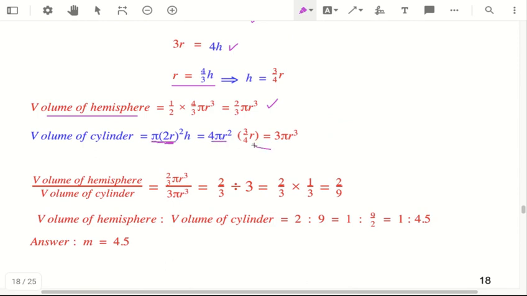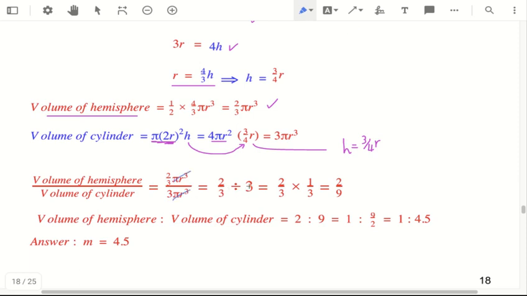And then since h is equal to 3/4 r, I rewrite this h as 3/4 r. So I eventually get this. So look, I got rid of the h. Look, I only have r cubed left, right? So when I do volume of hemisphere over volume of cylinder, what I can do is strike this off, right?